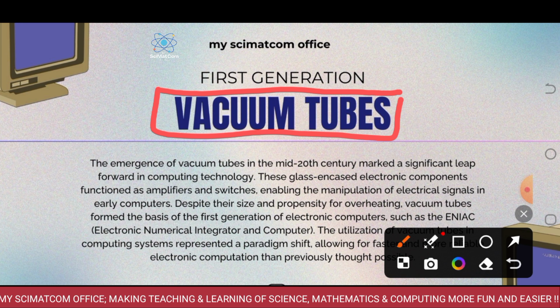The vacuum tubes were large, and because of their largeness, it made the computers very huge. These glass encased electronic components functioned as amplifiers and switches. Their main function was to act as amplifiers and also as switches, enabling manipulation of electrical signals in the early computers.